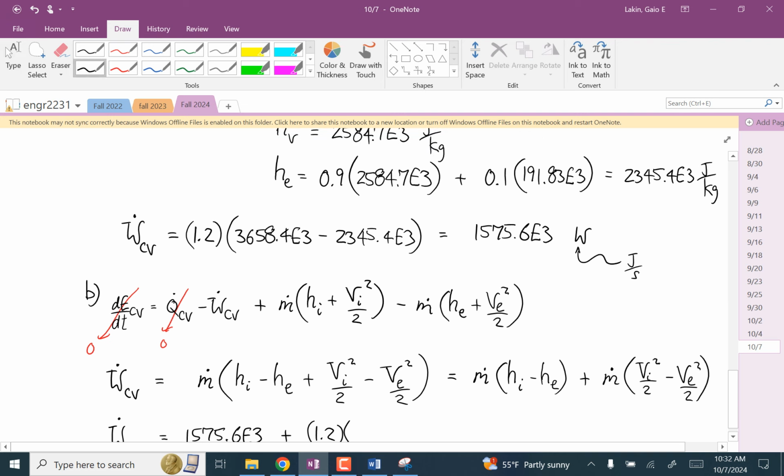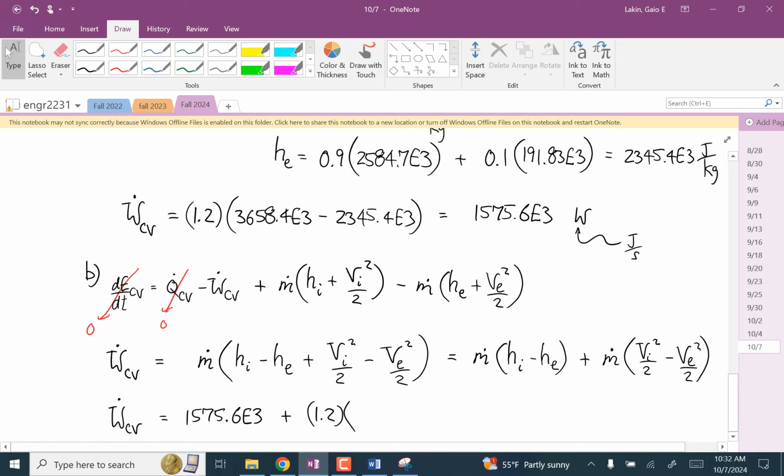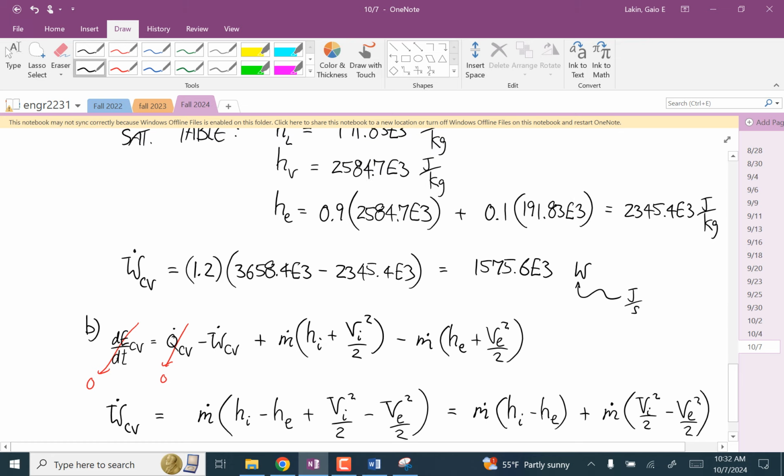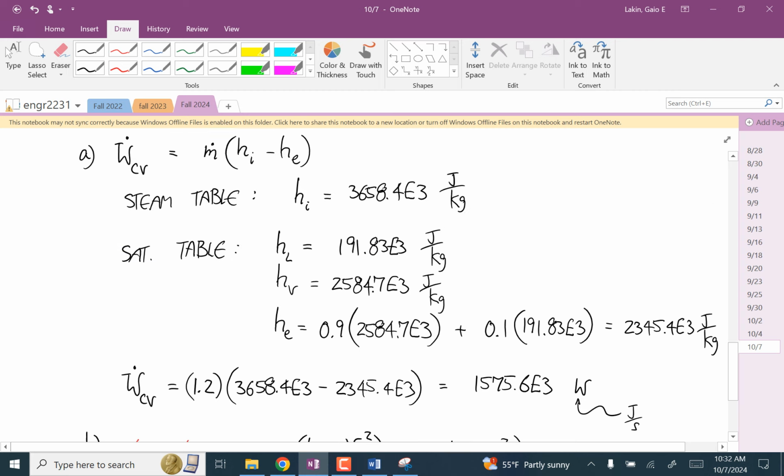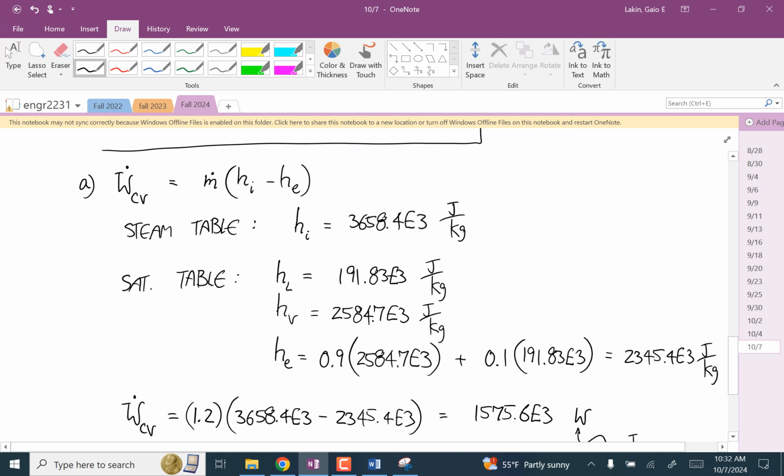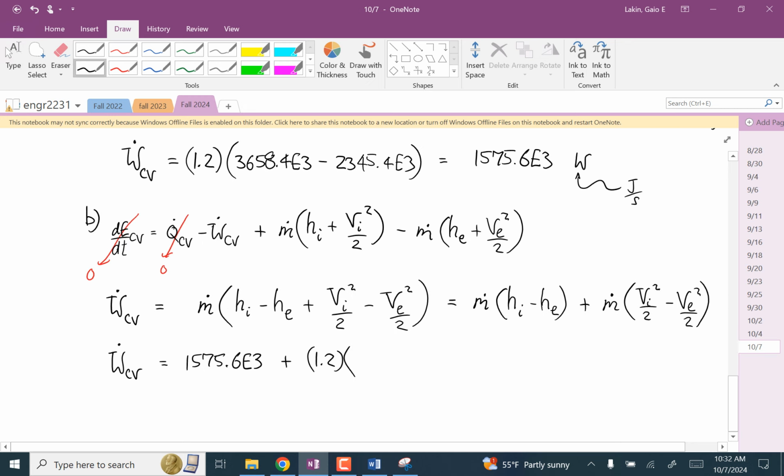That was the rate of work that we got from assuming that the speed didn't change, neglecting the kinetic energy stuff. And so what this number is just m dot times the difference in the specific enthalpies. Okay. So that first term is just the answer we already found. That's right. That's why I separated it out that way, just so I could use the value we already had instead of punching everything in again.